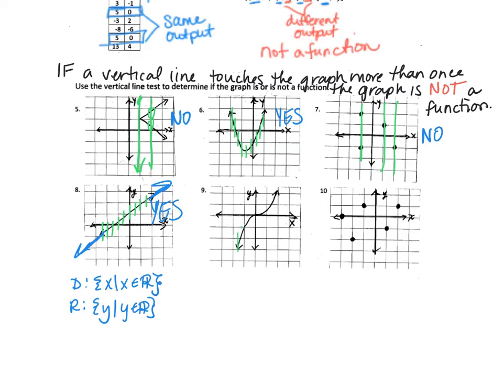And so let's look at number 9, vertical lines, only touching the graph once, no matter where I go. So yes, this is a function as well. And then lastly, number 10, if I draw a vertical line through each of the points, I'm only touching 1 point at a time. So yes, this is also a function.